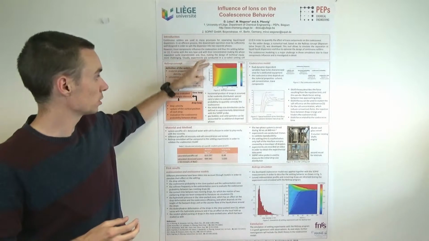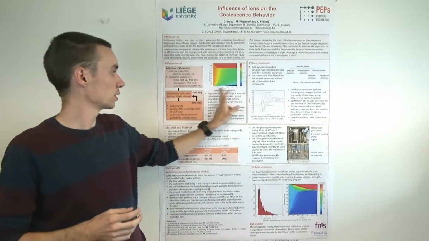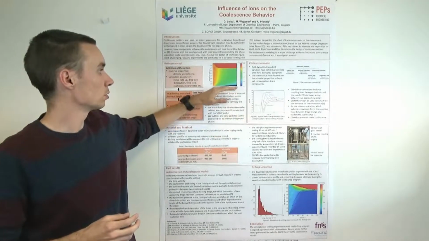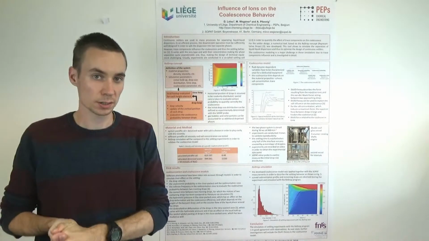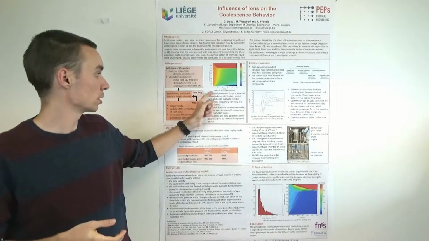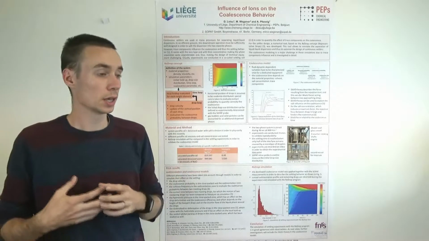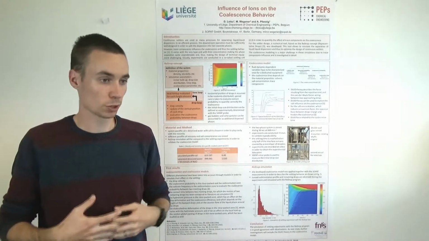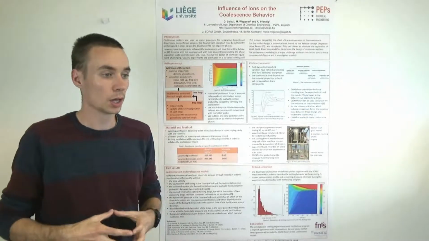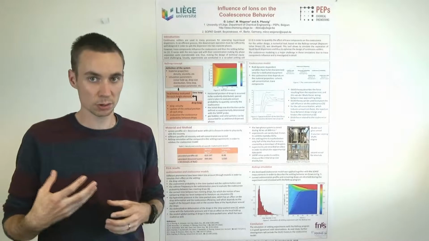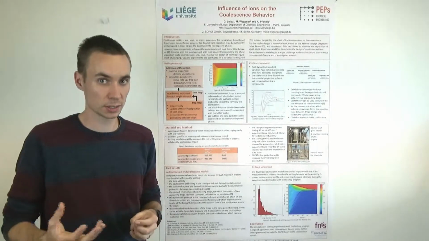You have the height of the settling cell, you have the time, and the color scale represents the local holdup. One particularity of this simulation is that the horizontal position of the drop is random. We don't know exactly the horizontal position of the drop, so we apply a Monte Carlo approach to deal with the statistics.